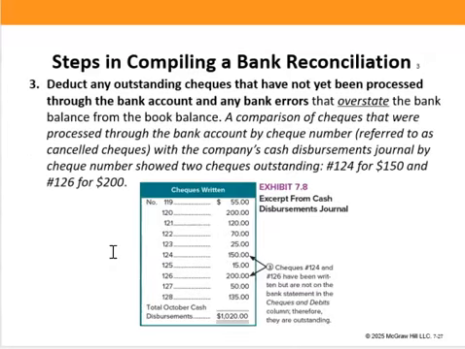And it's telling us that check number 124 for $150 and check 126 for $200 have gone through our system but have not come out of the bank statement yet.